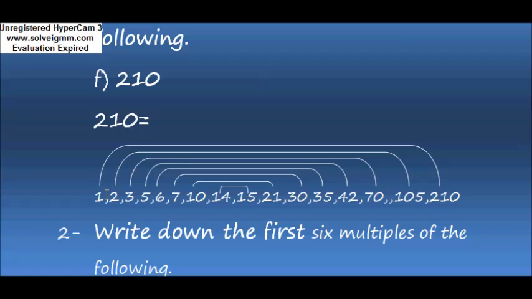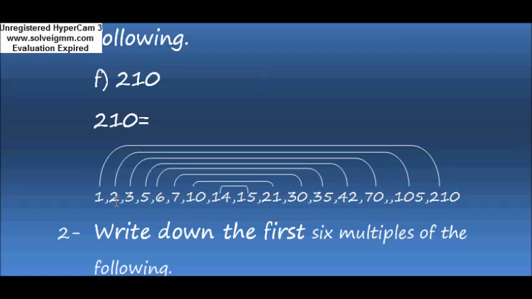For your convenience, we can start with 1. 1 times 210. Then 2. All these numbers, you can divide 210 by them and write the quotient in the end.